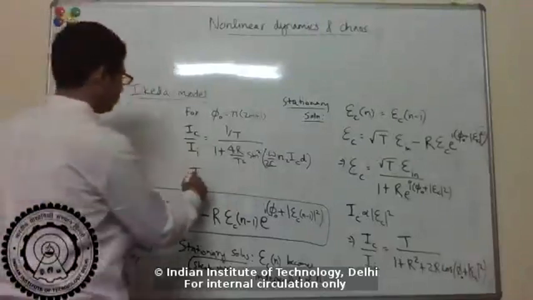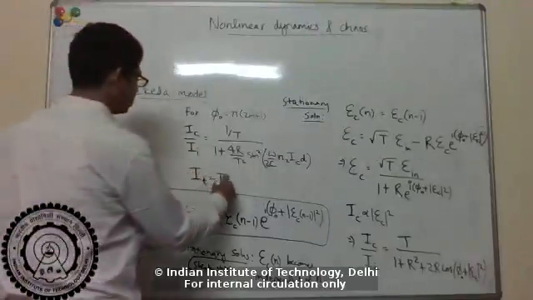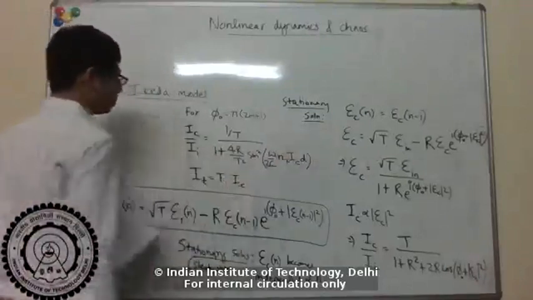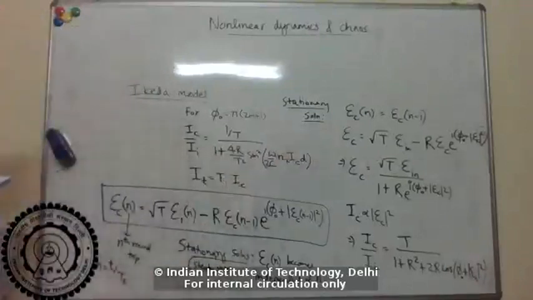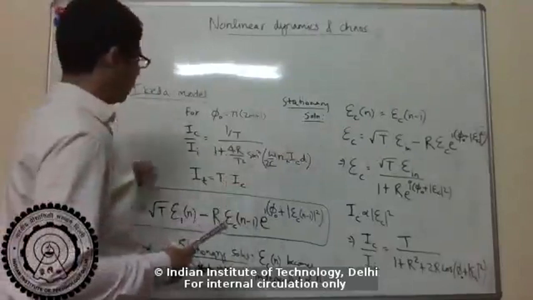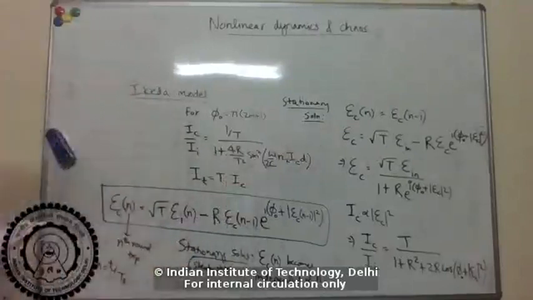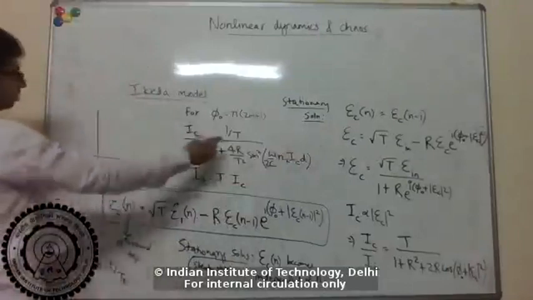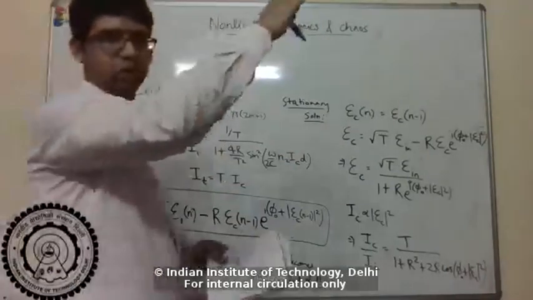And then the transmitted intensity, if you want, is just the cavity field transmitted through the beam splitter. Basically, again, this will have solutions like what we saw, right?